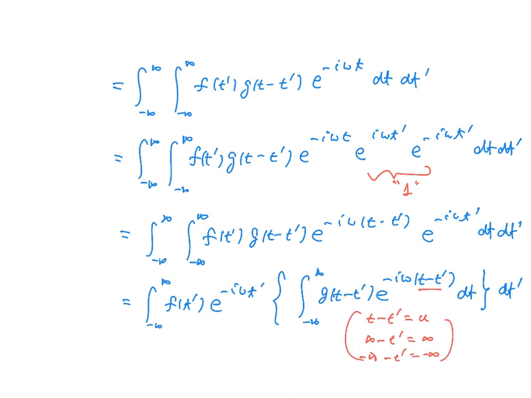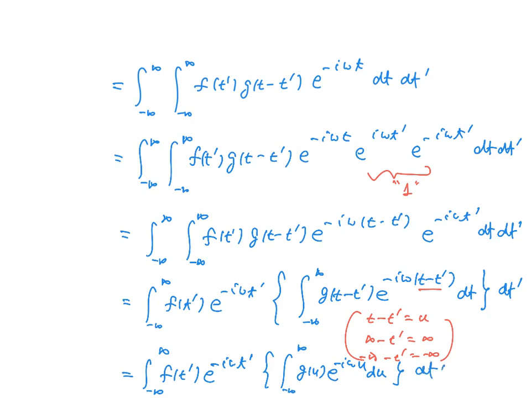So this integral is the integral from minus infinity to infinity of f(t') e^{-iωt'}, times the integral of g(u) e^{-iωu} du, dt'. But this is nothing but g tilde of omega, right?